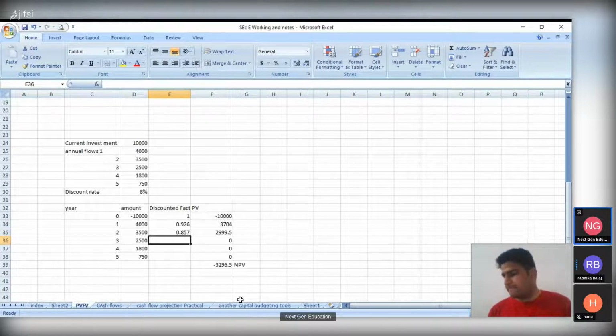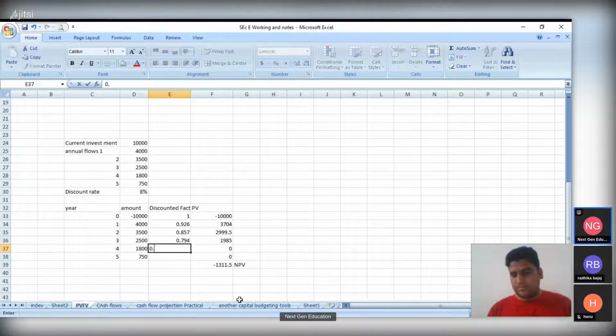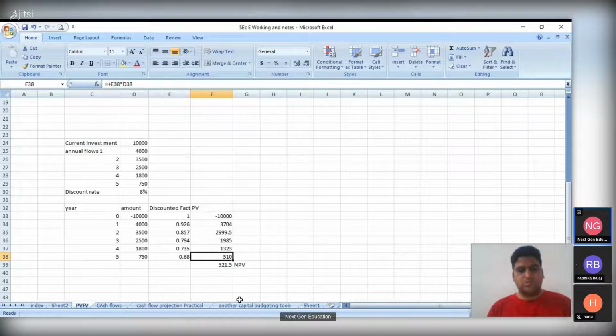Yes. Year three, 0.794, then 0.735, then 0.680. Exactly, on the 5 year program, a particular amount.